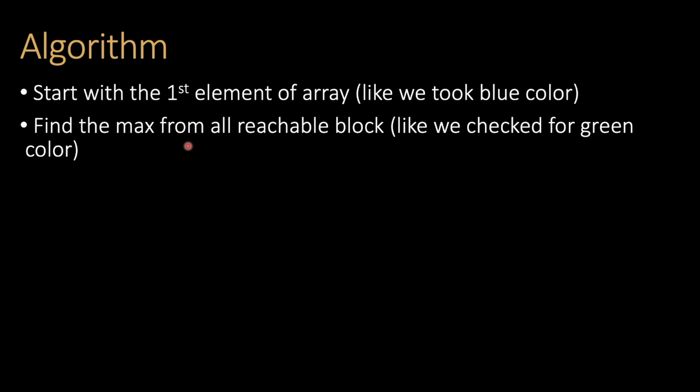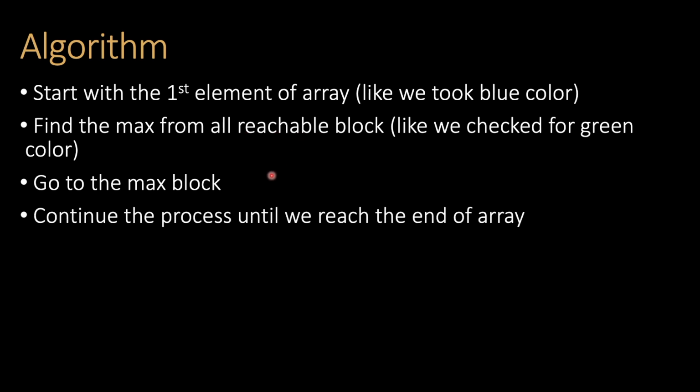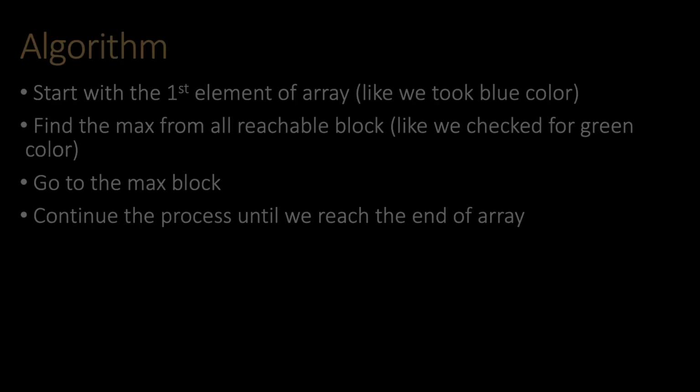If you have not got the idea of green color or blue color, please see the intuition part again. Then we go to the block which gives the maximum among all the green reachable blocks, and continue the process until we reach the end of the array.